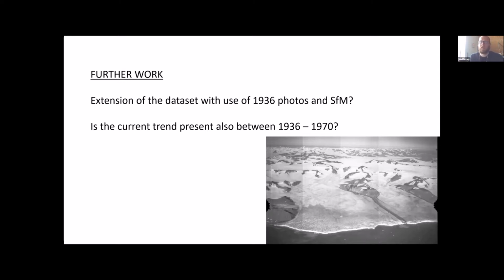And the question is whether this trend is also present between 1936 and 1970, if the retreat rate is apparently still more or less the same, but the question is if the geometry changes are also present in this early stage of the development.